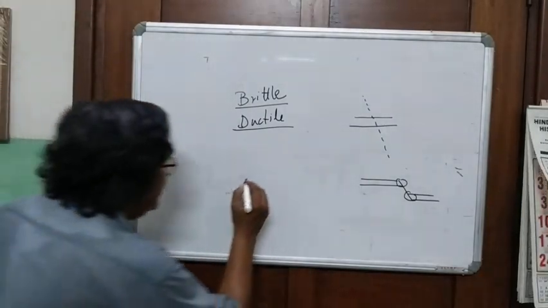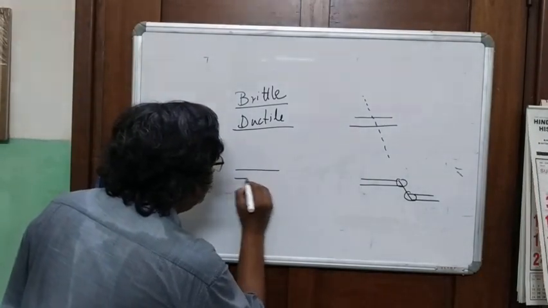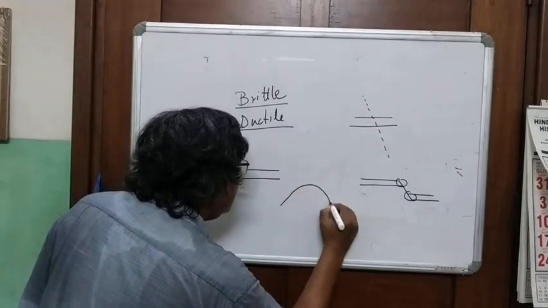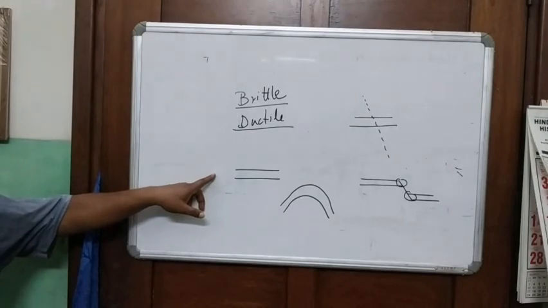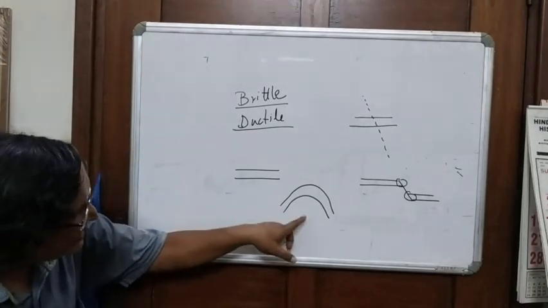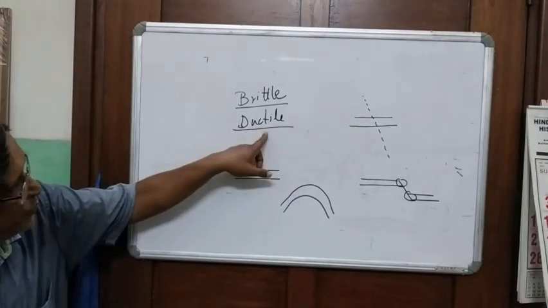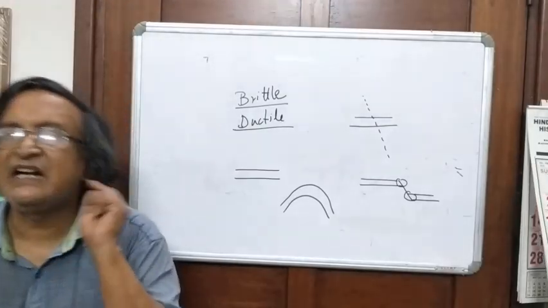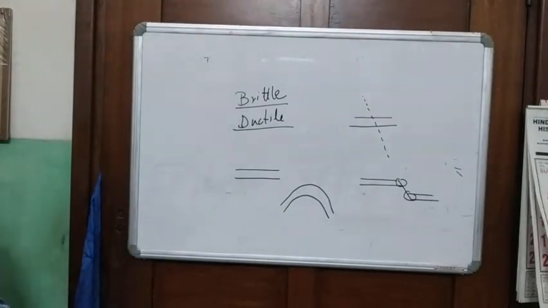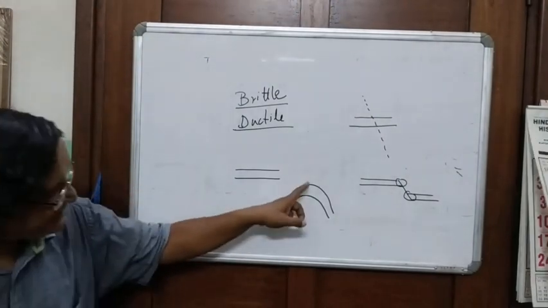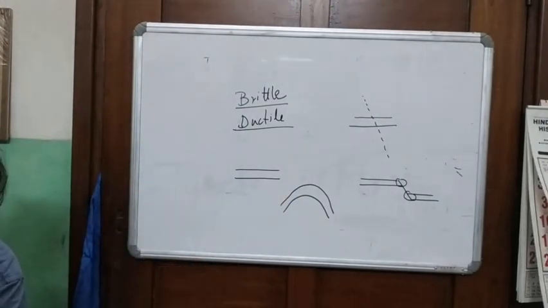And take another example. This rock, you apply stress and it bends. That's where the rock is behaving in a ductile manner. Have you understood? So when a rock bends, it's a ductile behavior.